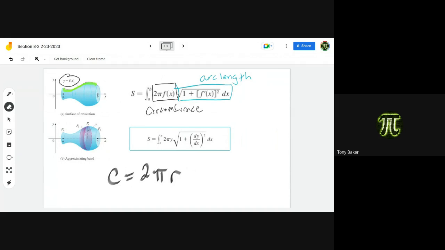If we're rotating around the x-axis, like this example, my radius is the function. If I was rotating it around the y-axis, my radius would be just x. It wouldn't necessarily be the function, it would just be x. We're going to look at a few of those in a minute. But in essence, this is the formula you need.